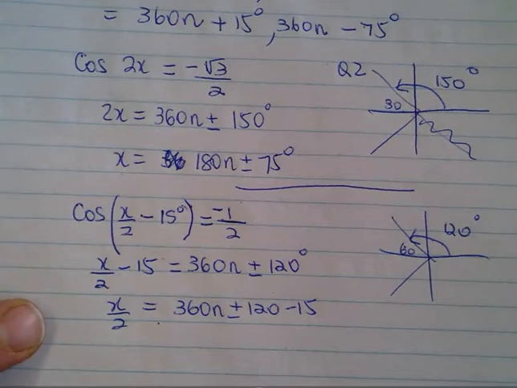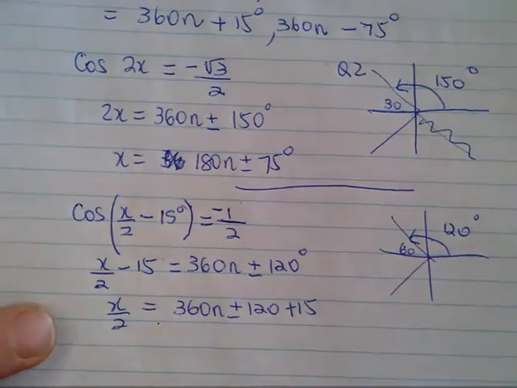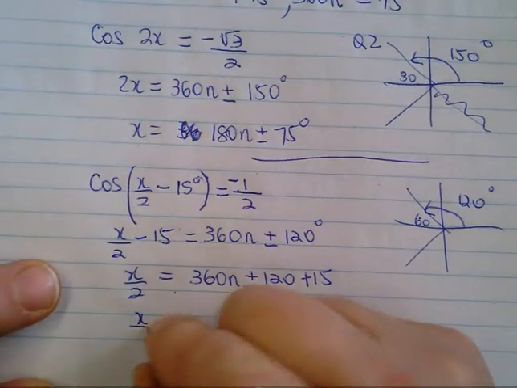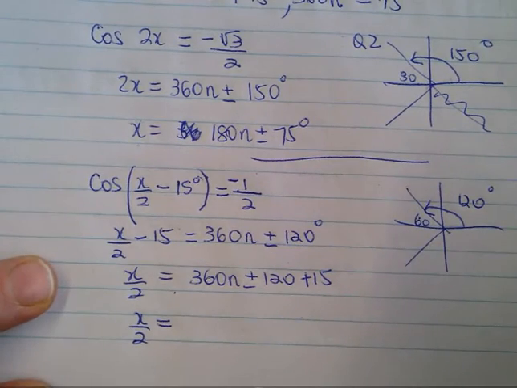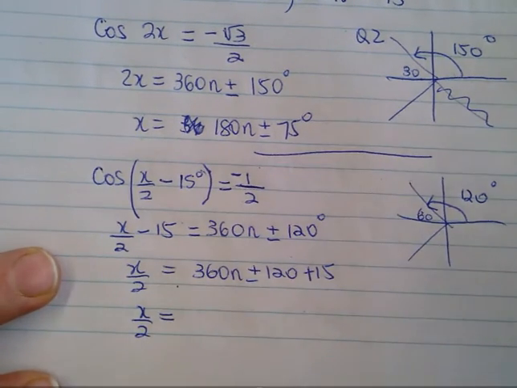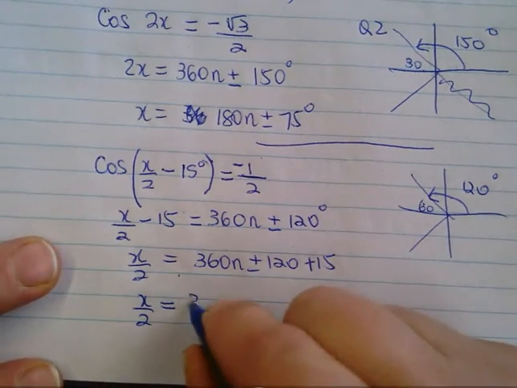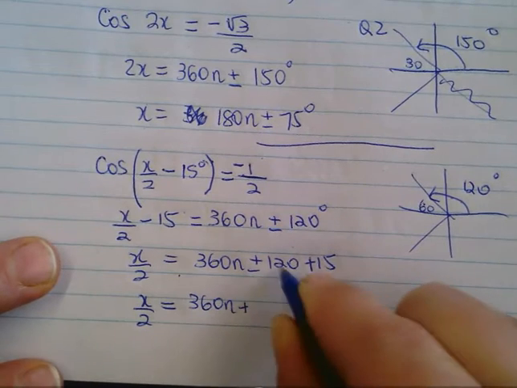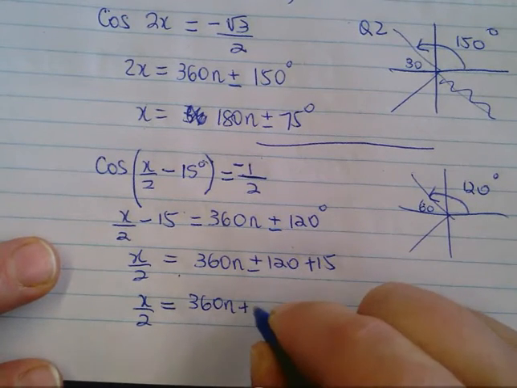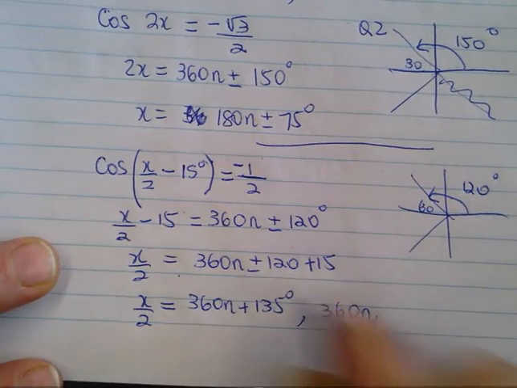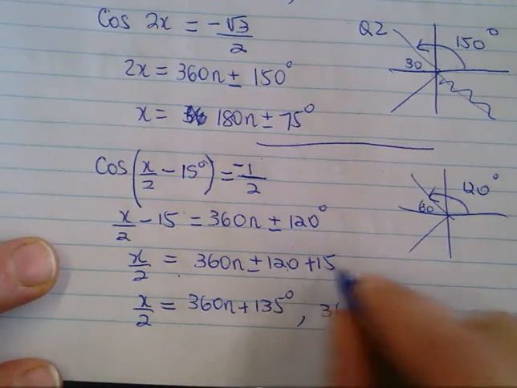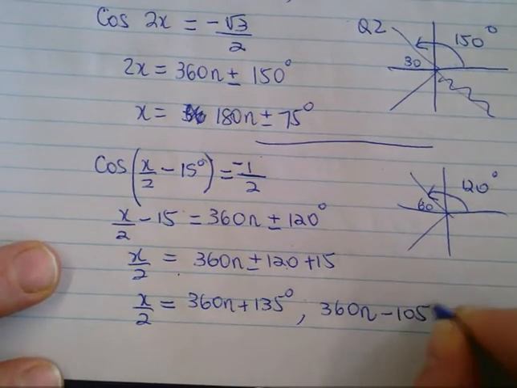Now, before I multiply through by 2, I can't multiply yet. I think we should separate them and then multiply through by 2. So it's 360n plus 120 plus 15, which is 360n plus 135. And 360n minus 120 plus 15, which is 360n minus 105.